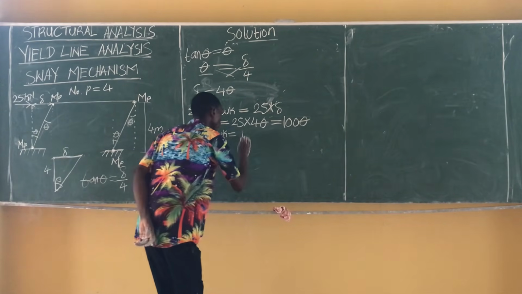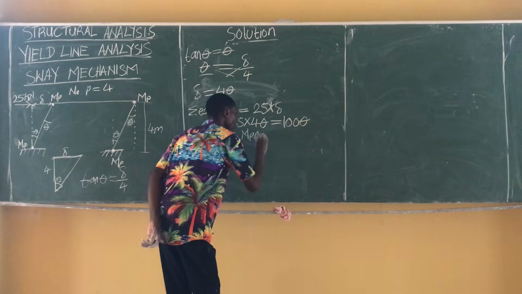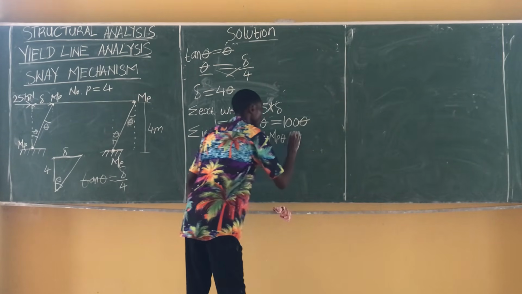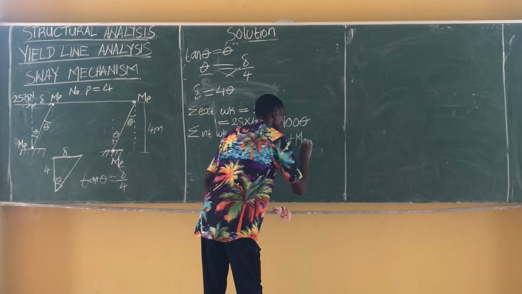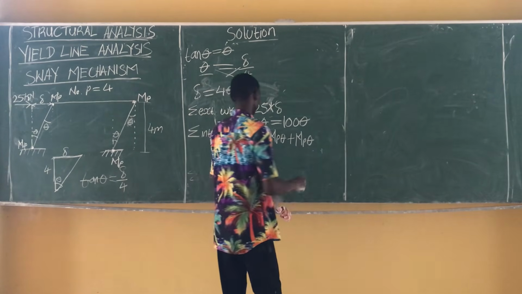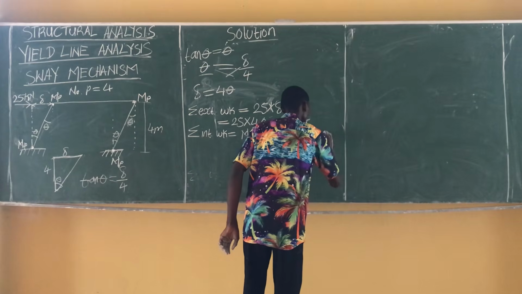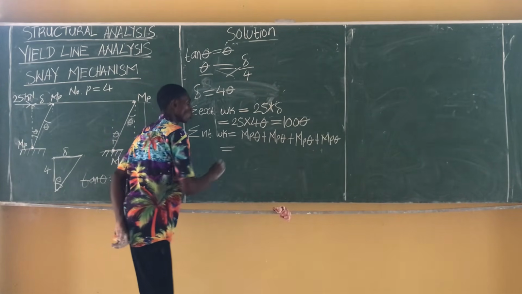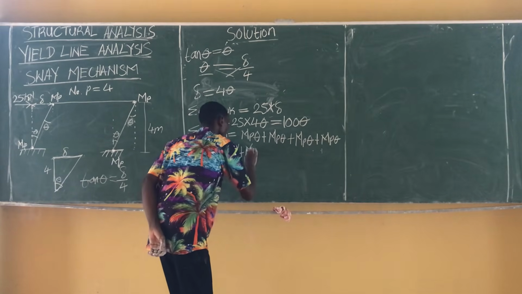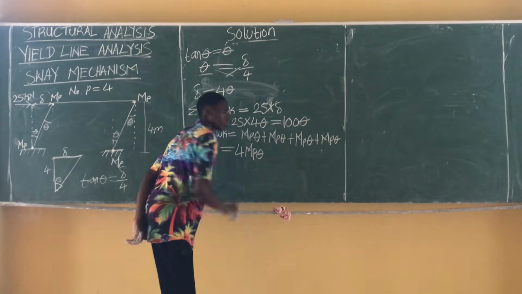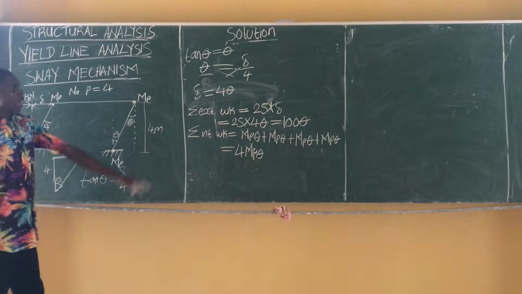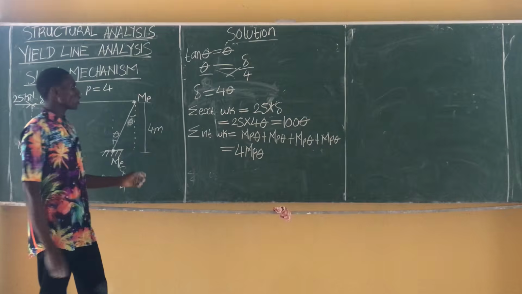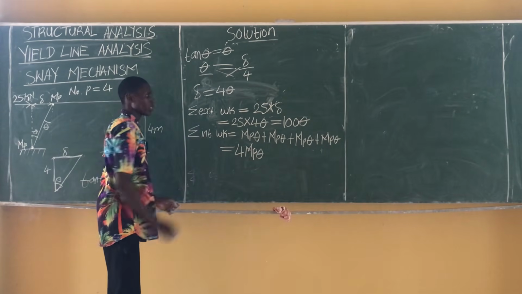So it's going to be MP theta plus MP theta plus MP theta plus MP theta, and this is going to be equal to 4 MP theta. After summing our internal work done, note that for this analysis, we are making use of the virtual work principle.